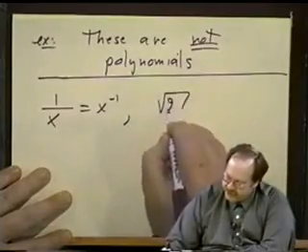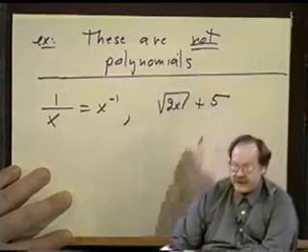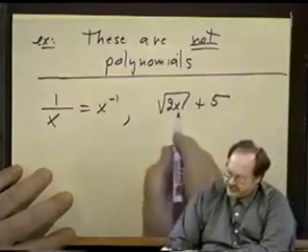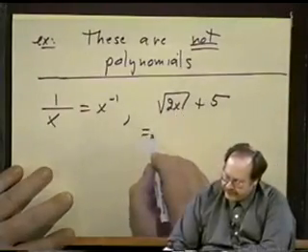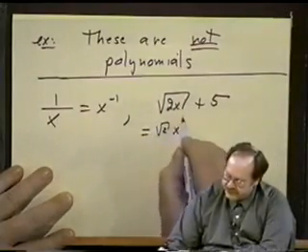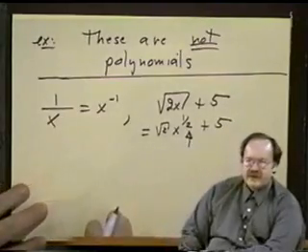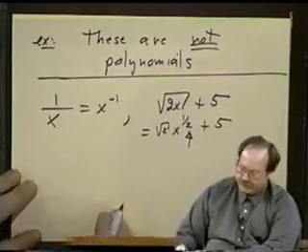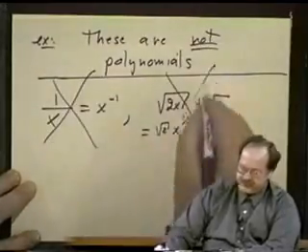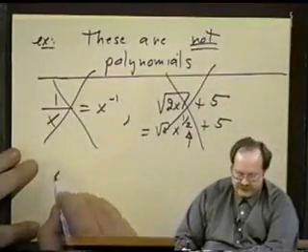The square root of 2x plus 5 is not a polynomial because what is inside here? This is square root of 2 times square root of x, which is x to the 1/2, plus 5. We don't allow rational powers, so that's not a polynomial. These are not polynomials. And you might see something more complicated.